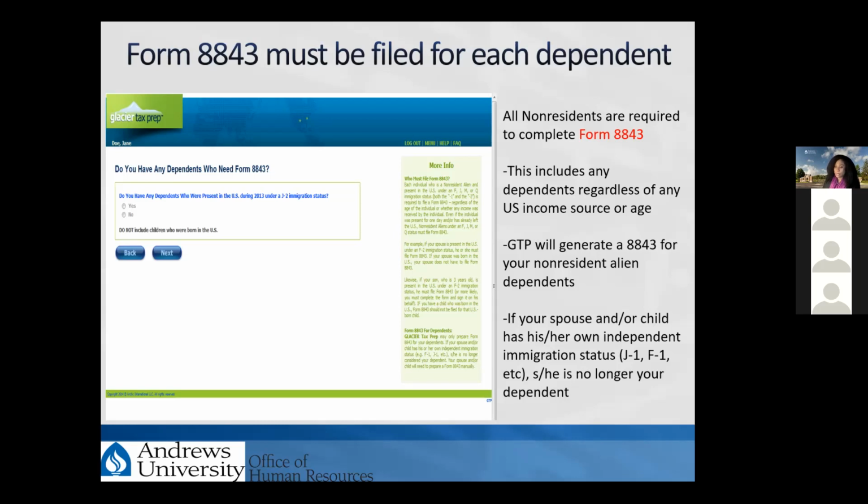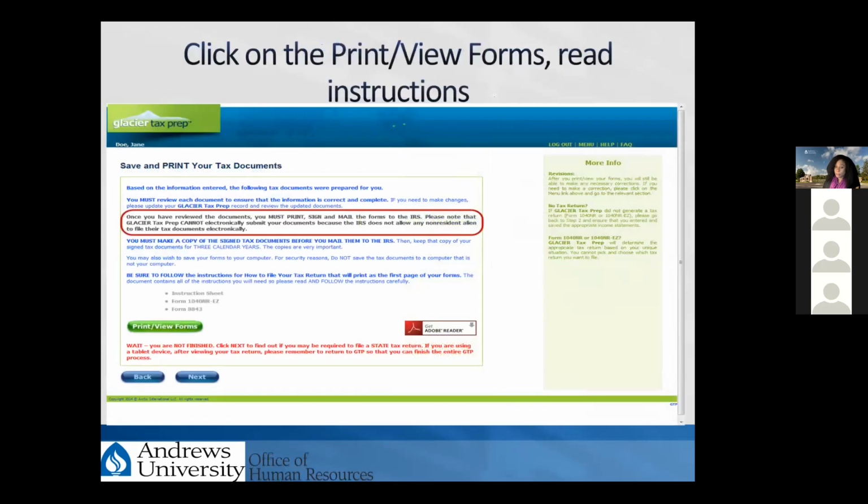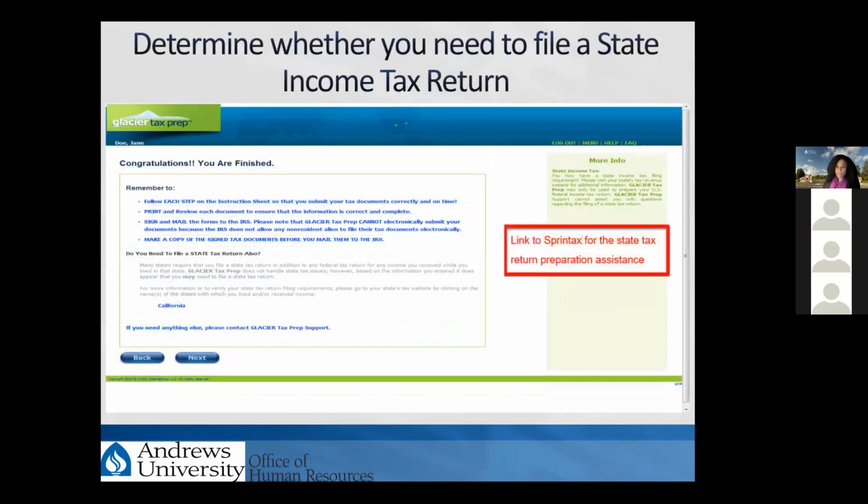So keep that in mind. That is something you have to do every year for your dependents, even if they are not working but are here with you in the US. Once you're done, make sure that you print your form, read the instructions very well, keep a copy, and then mail it to the IRS with the information that is given to you.